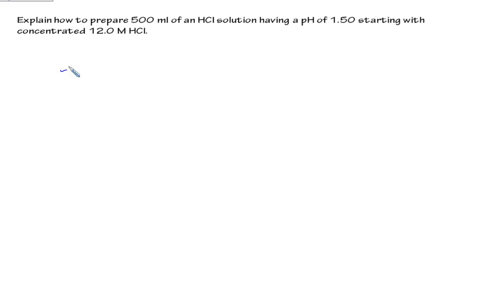You can calculate the hydrogen concentration. You can just go 1.0 times 10 to the negative pH, 1.5. pH is the opposite log of the hydrogen concentration, which is like the opposite exponent of 10. Now again, this isn't what we would find as a final answer.